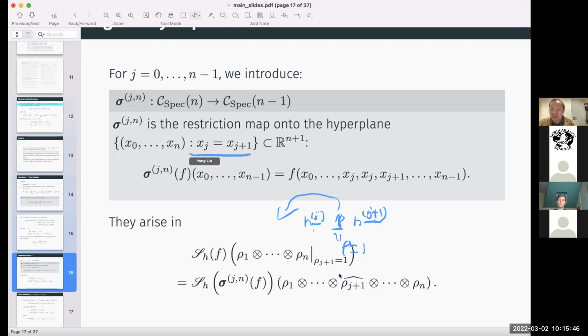So you set them equal at the level of functions. Geometrically it is kind of a restriction onto a hyperplane, which is also mentioned in the Kohn and Fazar paper. So this is one simplification. Any questions about this?